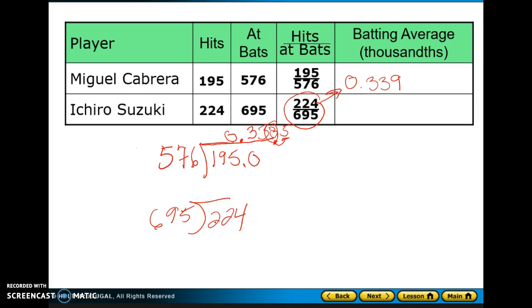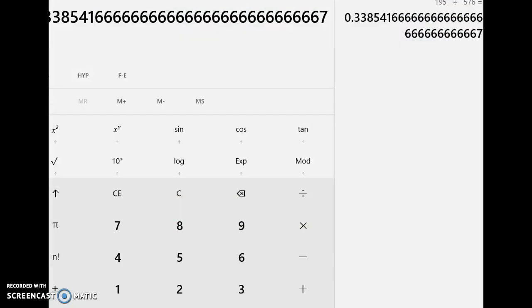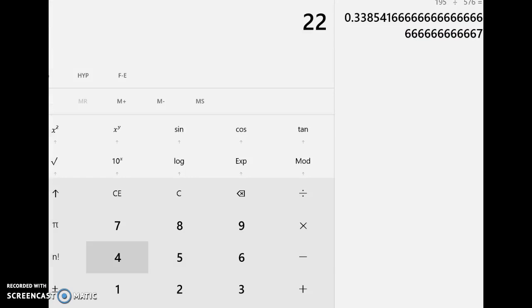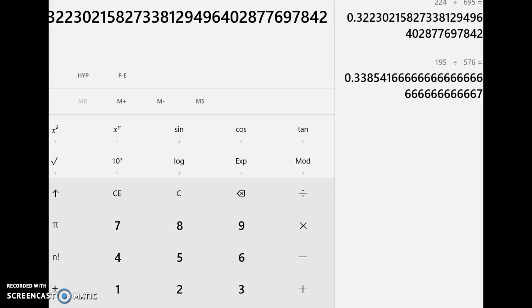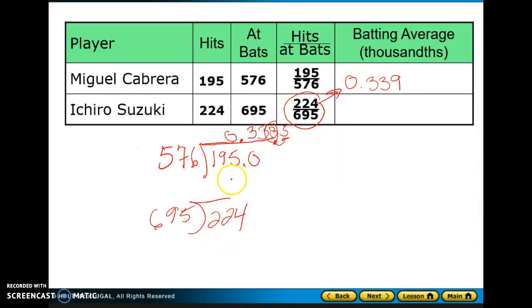224 in the calculator divided by 695, and it gives me another big number, 0.3223. I'm going to round here. Look at that number.